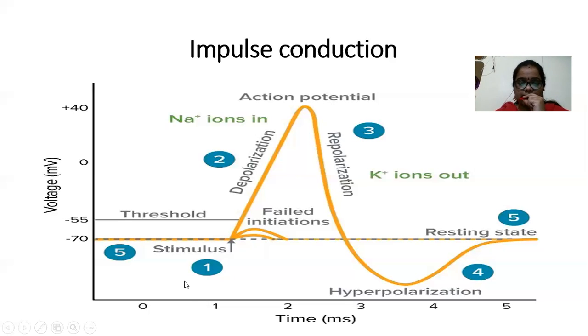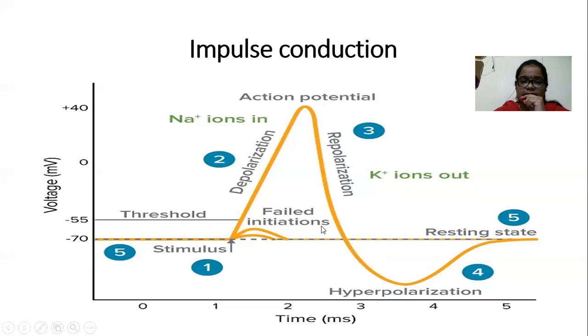The action potential phases are: first, application of the stimulus; second, depolarization; third, repolarization, hyperpolarization, and the resting state. After the action potential, repolarization happens, then hyperpolarization, then the resting state. In repolarization the potassium channels are activated, there is an efflux of potassium ions, which leads to hyperpolarization, and then slowly the cell returns to the resting membrane potential.